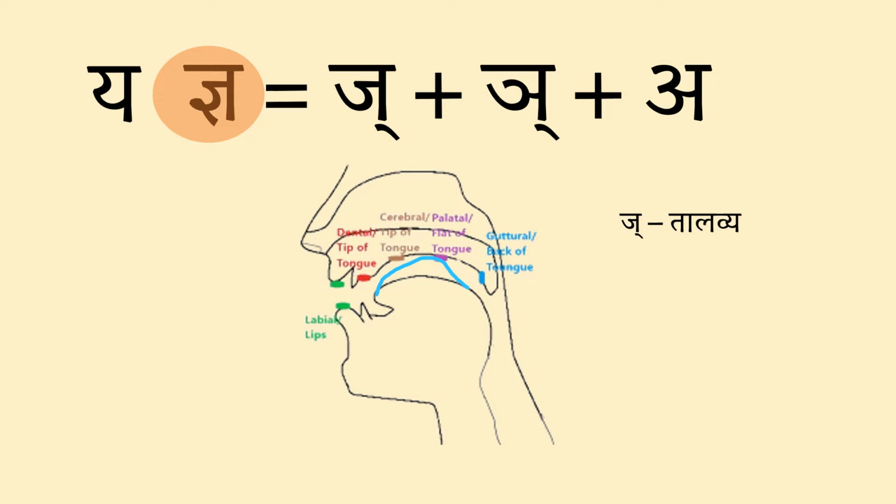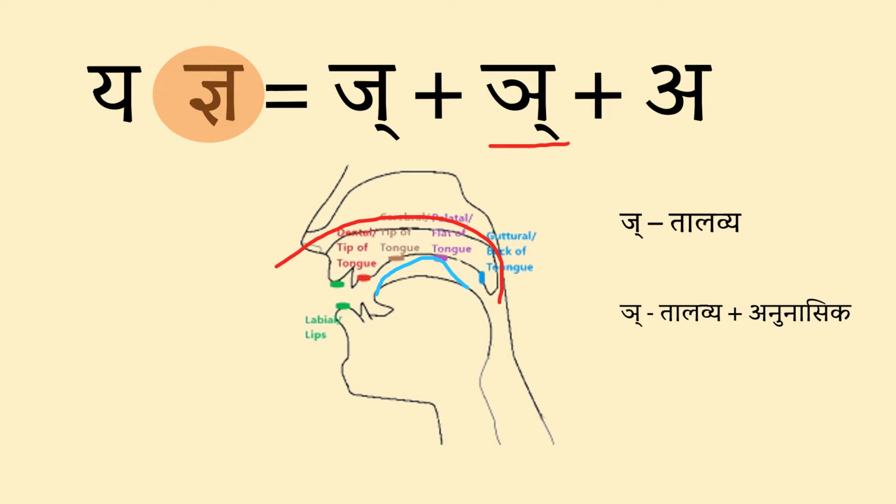And then, what is the next sound? Nya. It is also a Talavya sound, Talavya plus Anunasaka. It is not just Talavya. Talavya plus Anunasaka means it needs the help of two things to pronounce it.